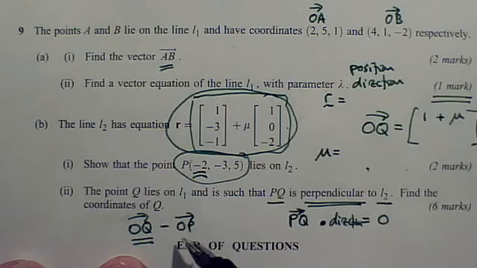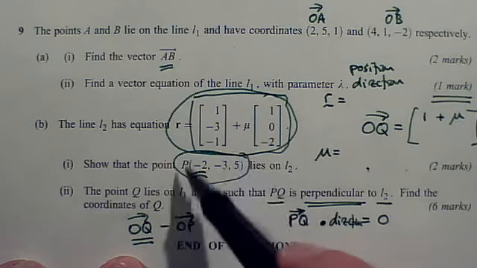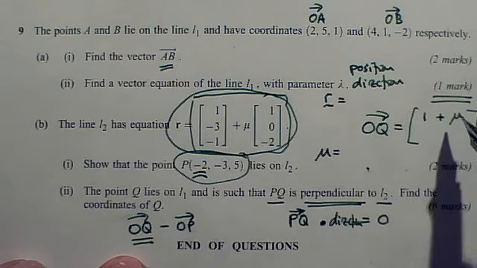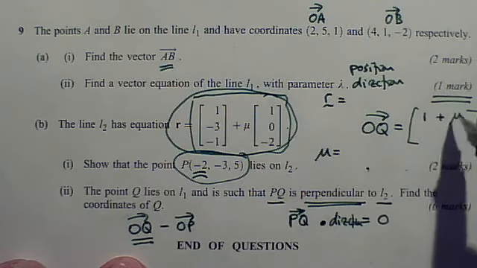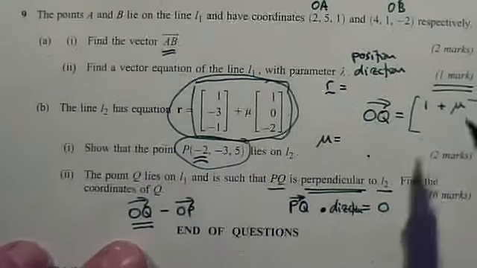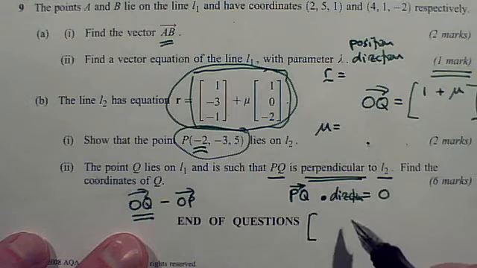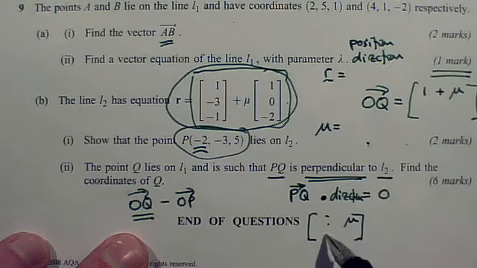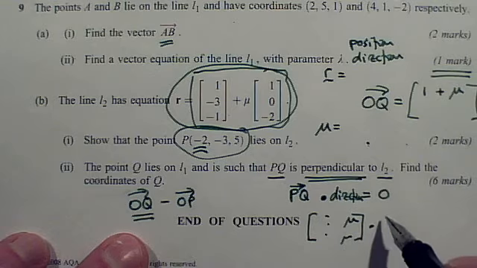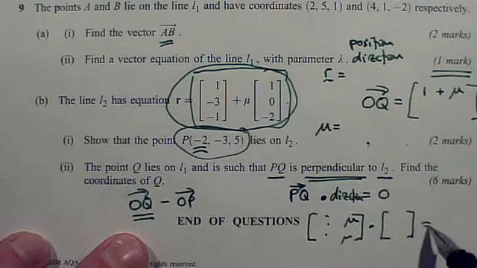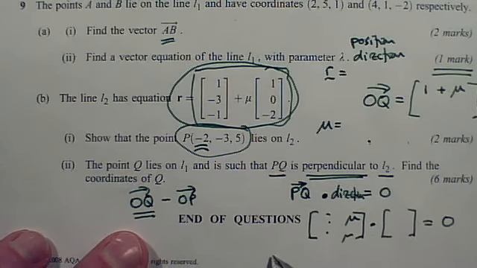And then you're going to do OQ minus OP, so you're going to subtract the column vector form from that. And you're going to get a vector PQ, which has got mu in its components. Maybe not in the y, but it will be in the x and z. Then to complete the solution, you're going to take that vector PQ, which will have a mu here and some other numbers and some more mu's down there, and you're going to dot it with the direction vector, which has come from the line, and you're going to say the answer is 0, and you're going to end up with an equation with mu's on one side.